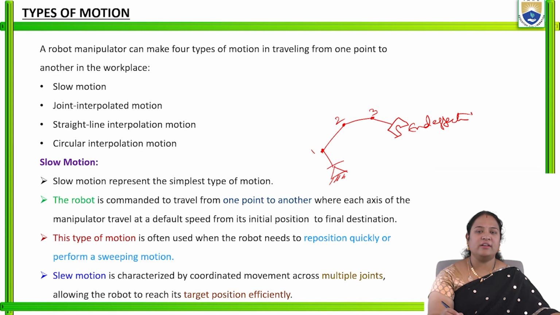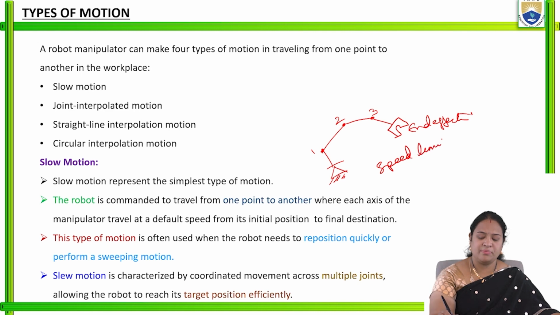That is, it is defaulted to some speed limit, limited to some constraint of speed.